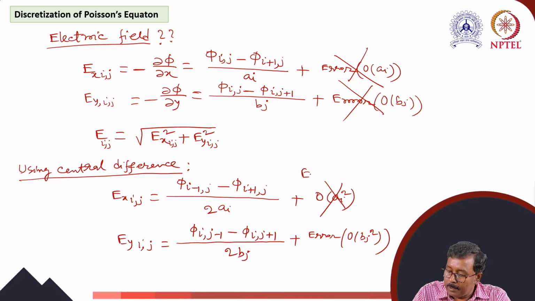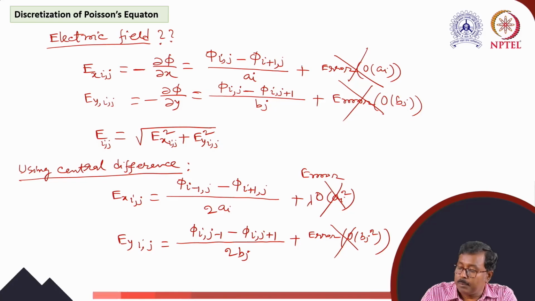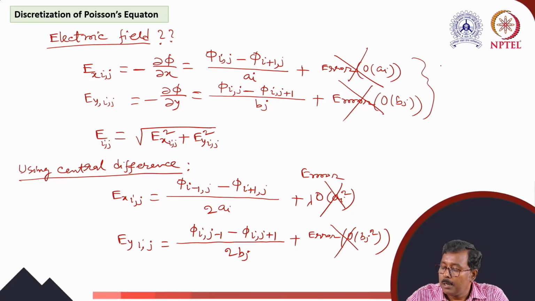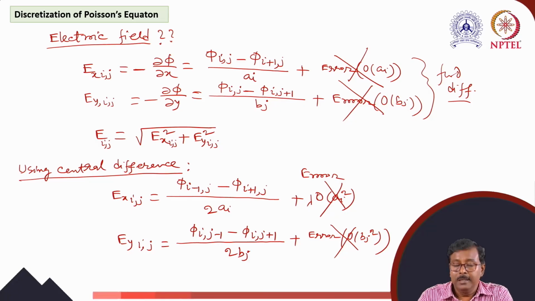This is the error. So in this way, either using the forward difference technique or the central difference technique, we can calculate. So in this way, you can discretize and you can solve.